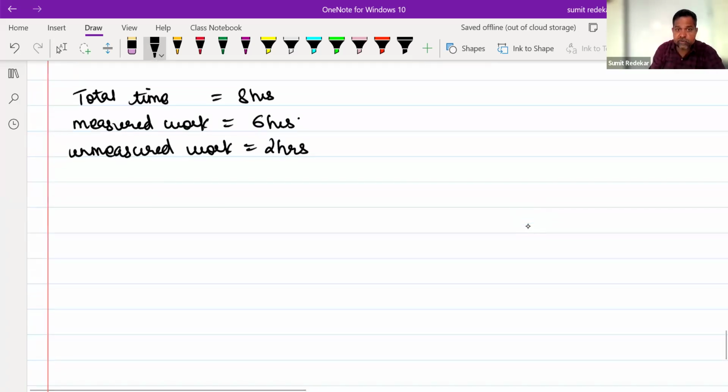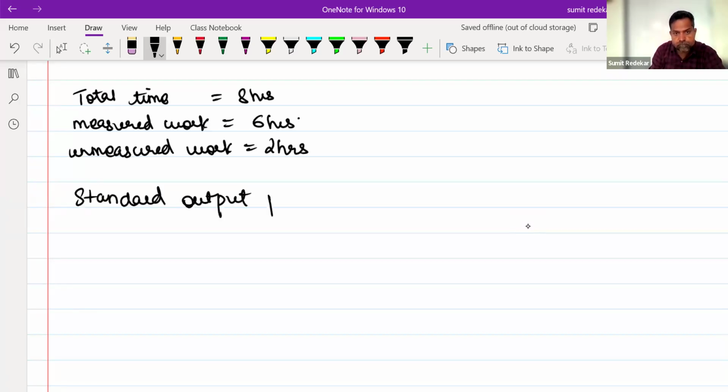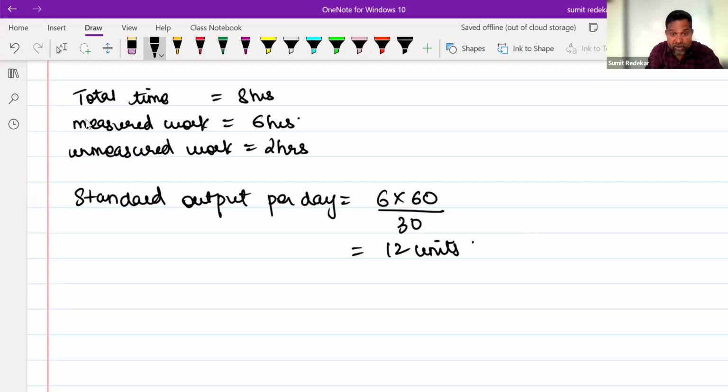Now, the 6 hours that you are doing measured work, I'm going to judge you for that. So, standard output per day is 6 into 60 divided by 30 minutes, which is going to be a total of 12 units. This is what I expect from you on a standard basis.